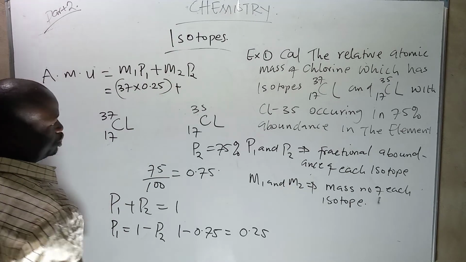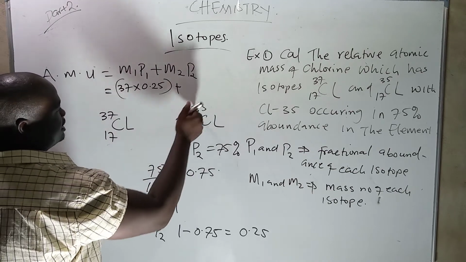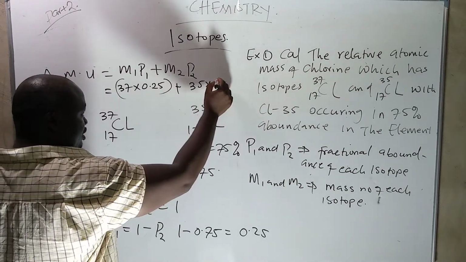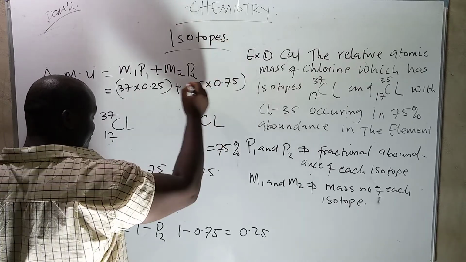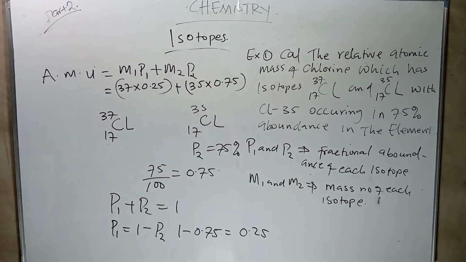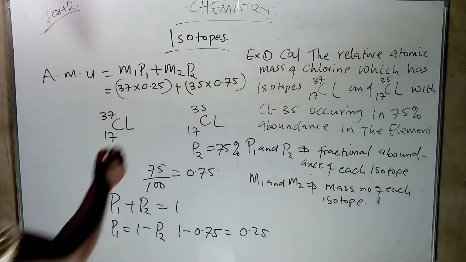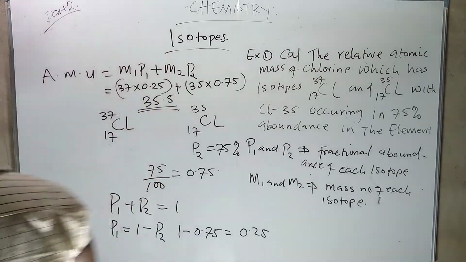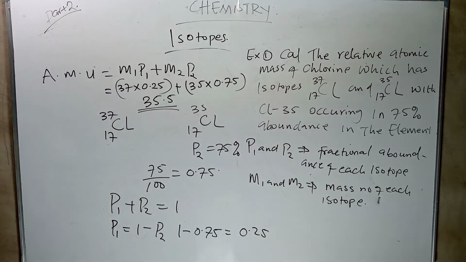Plus your M2, the mass of this one, which is 35, times your P2, 0.75. If you put these together, you will get 35.5. And that is the atomic mass unit.